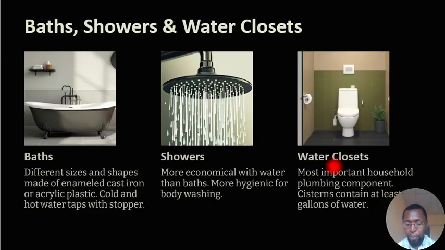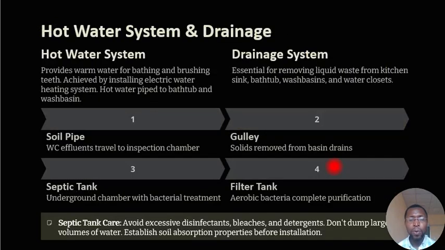All right, and then let's talk about the hot water system and drainage. The hot water system provides warm water for bathing and brushing teeth, especially during the cold weather. During the cold weather, you might want to have a warm bath. That's where the hot water system comes into play.